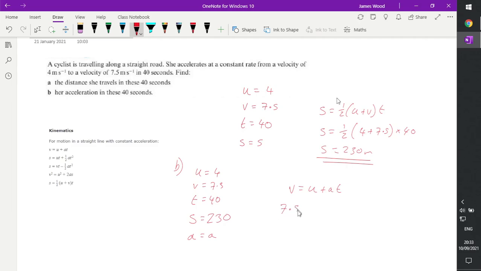So that means 7.5 equals 4 plus 40a. And I can solve it to find a. So that gives me 0.0875 meters per second squared. That's my acceleration. There we go. Let's have a look at another example.